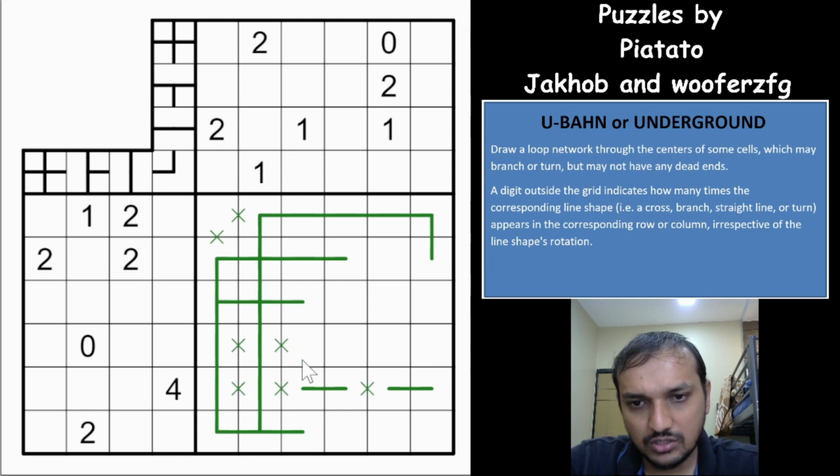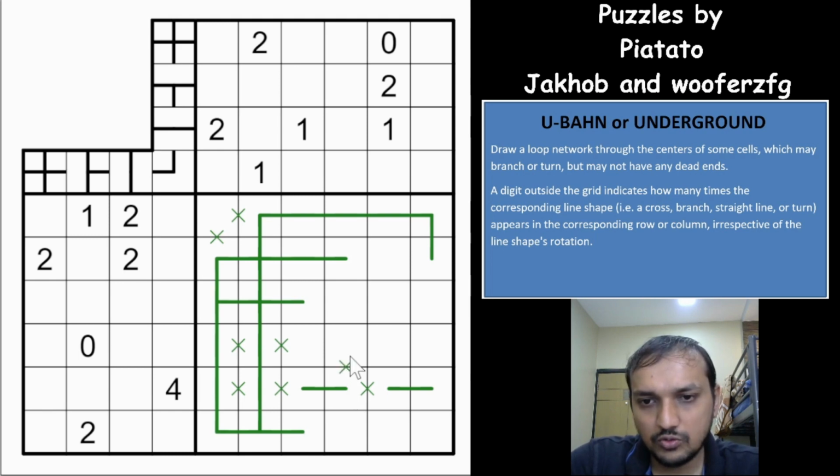You cannot have a branch here, of course. So you have 2 straight lines, 2 plus and 1. Okay, one of the U-turns, both cannot come down.